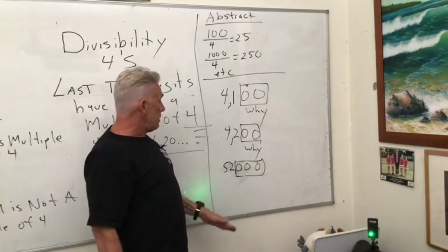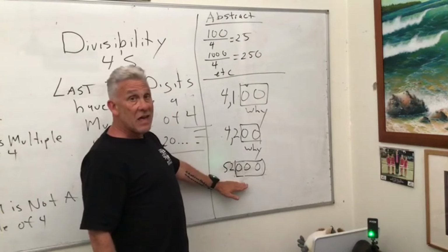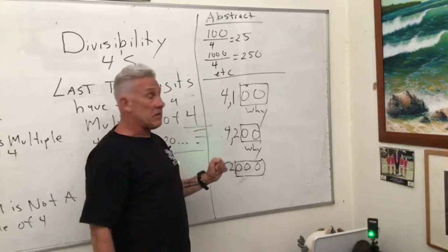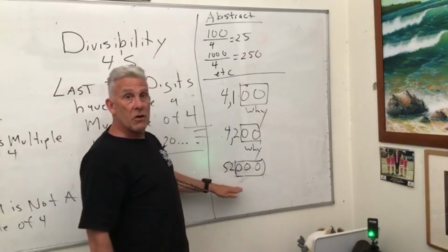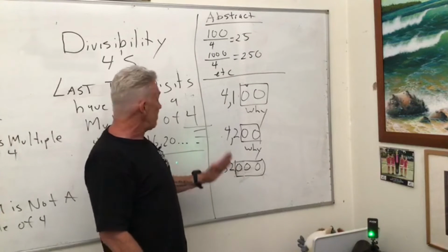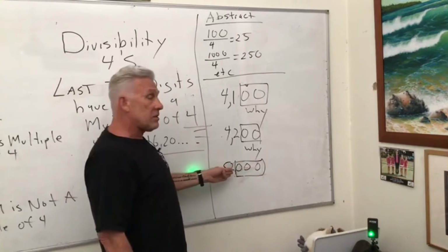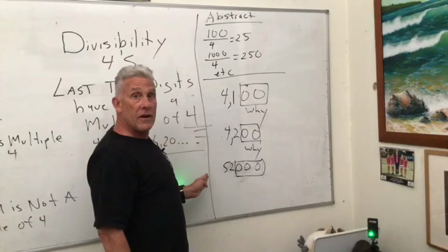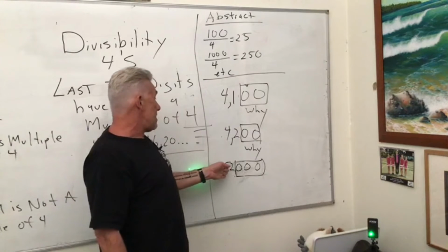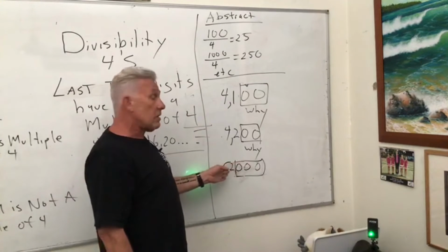Now, the next one is 52,000. Well, 4 goes into 1,000 250 times. So that means it can go into 2,000, 3,000, 4,000, no problem. So we can have zeros lined all the way up on the number. And we could have, for example, 50,000 there, which is 4 zeros.